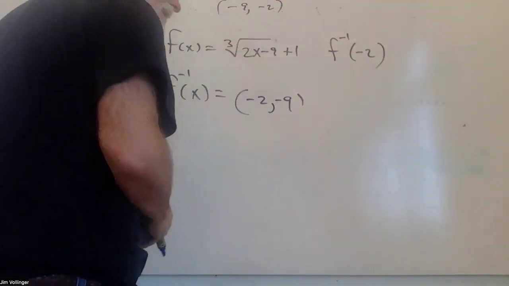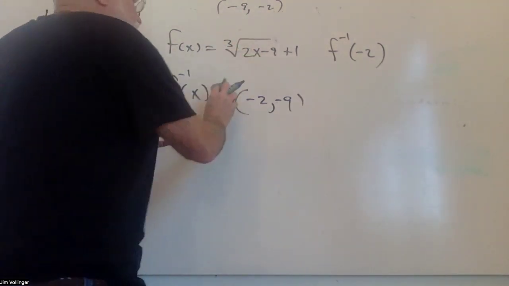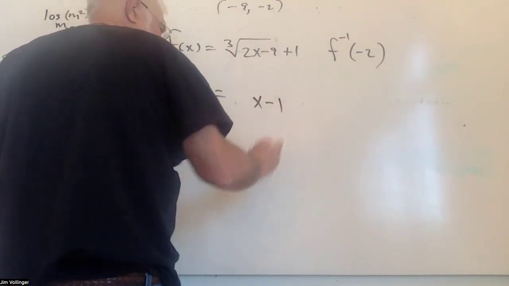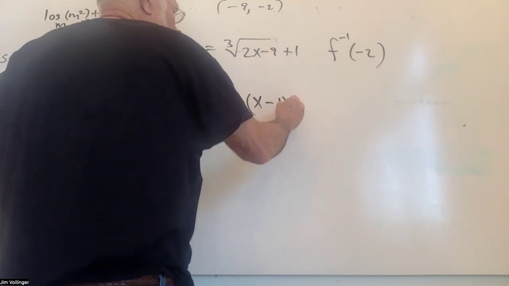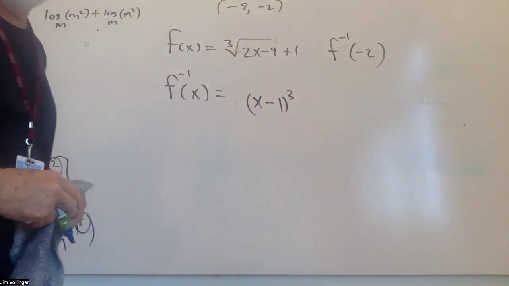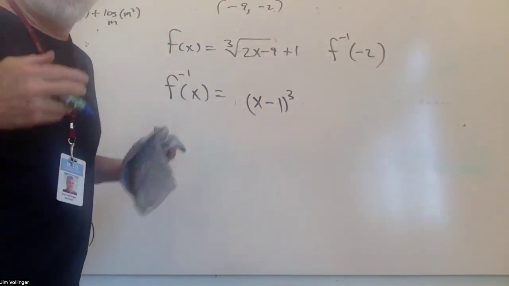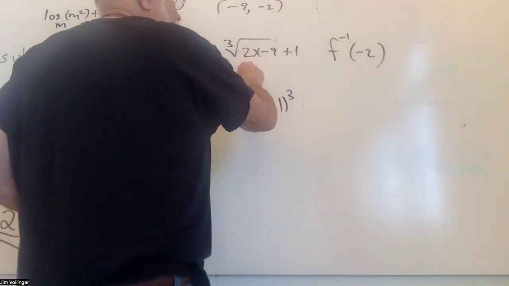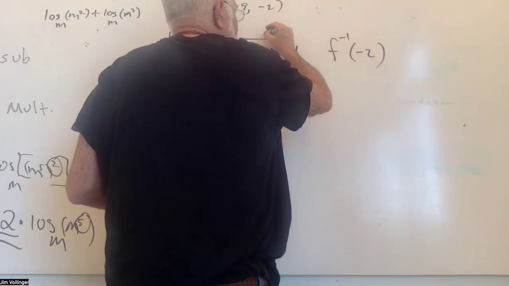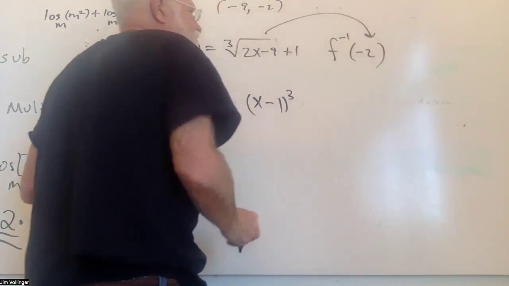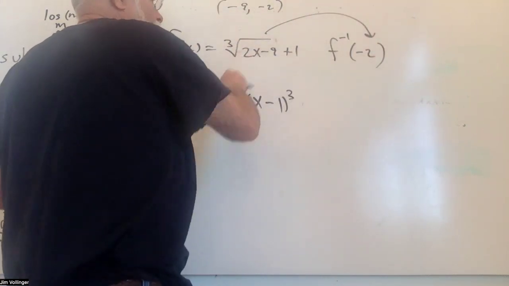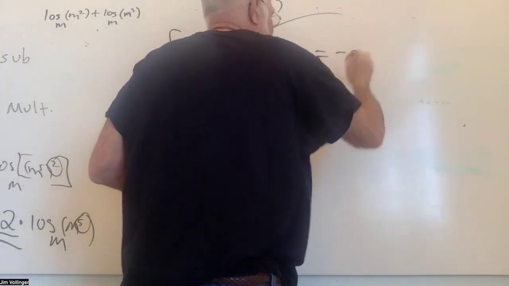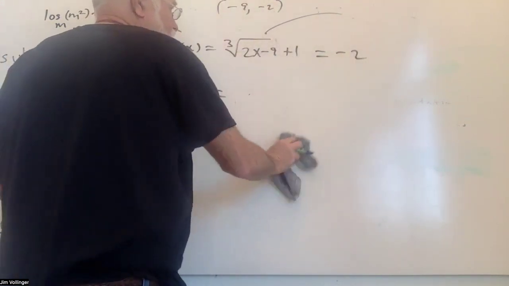Well, what did that process seem like to you when I started here? And I said minus 9. Where have we been doing that? We've been doing that when we're solving equations. So what I put in here is what I get out over here. If I want to find what I'm putting in, all you got to do for a problem like that is set it equal to -2 and solve.